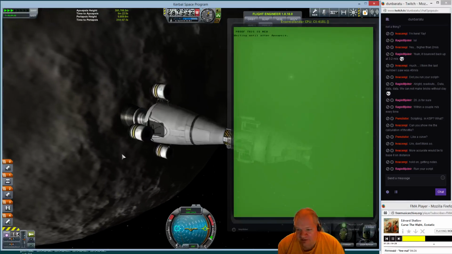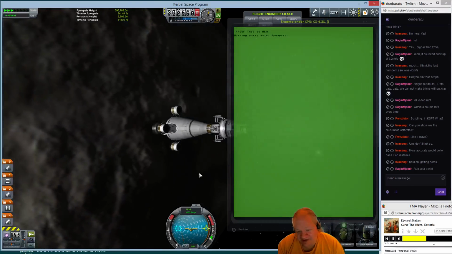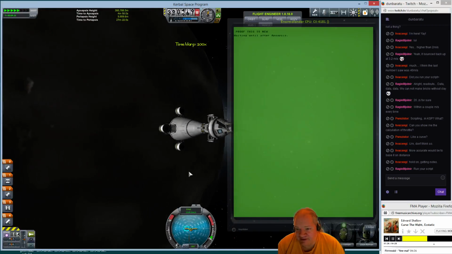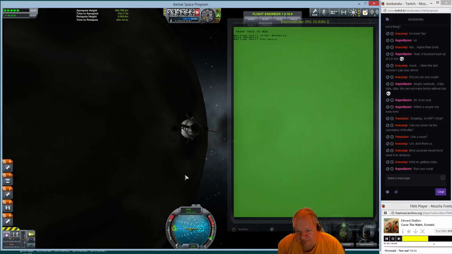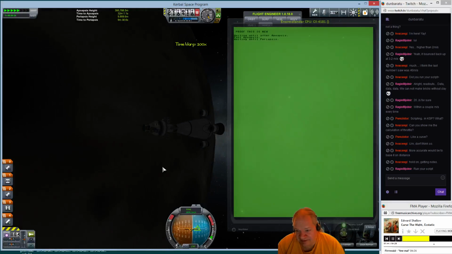Planzister. Yeah, this is a mod called kOS, Kerbal Operating System, and it's for scripting your own autopilot systems. We like it. It has its own little made-up language.